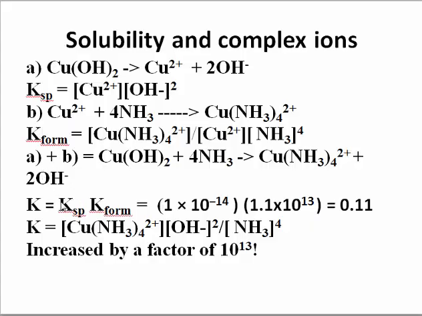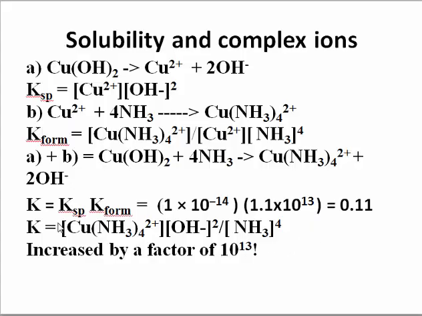And K for this, naturally, will be the product of the two reactions A and B, or KSP times K of formation. 1 times 10 to the negative 14 times 1.1 times 10 to the 13 is 0.11.